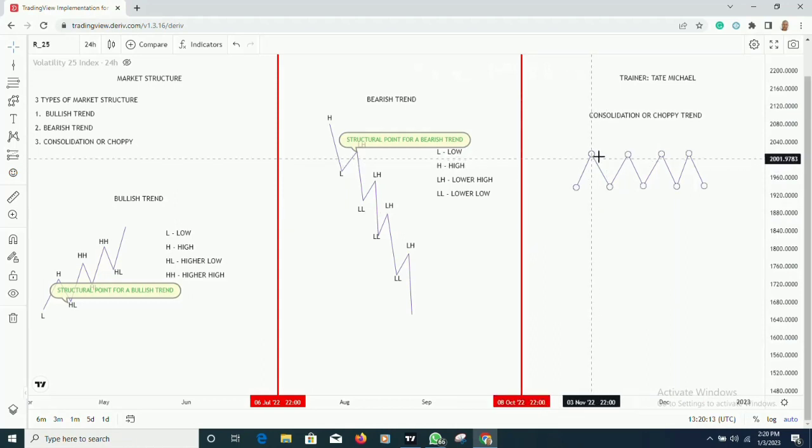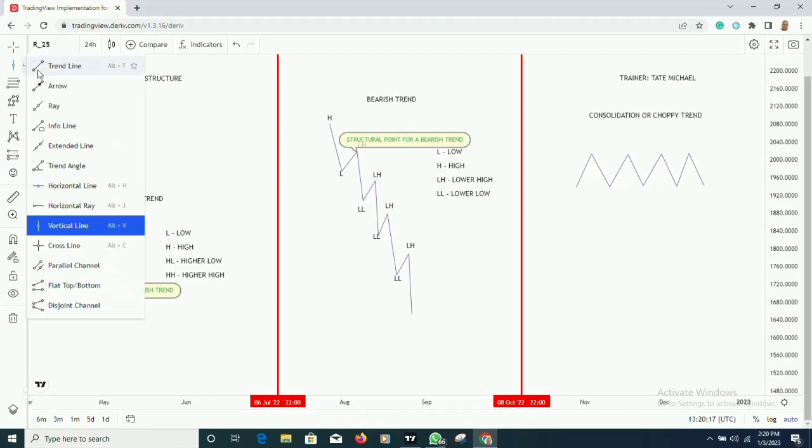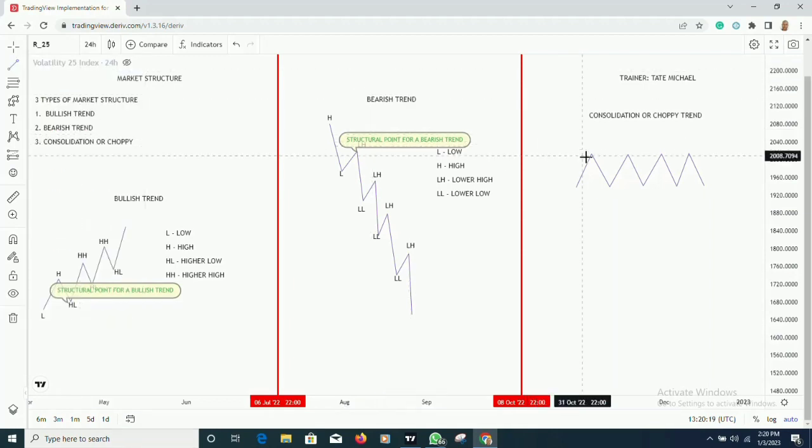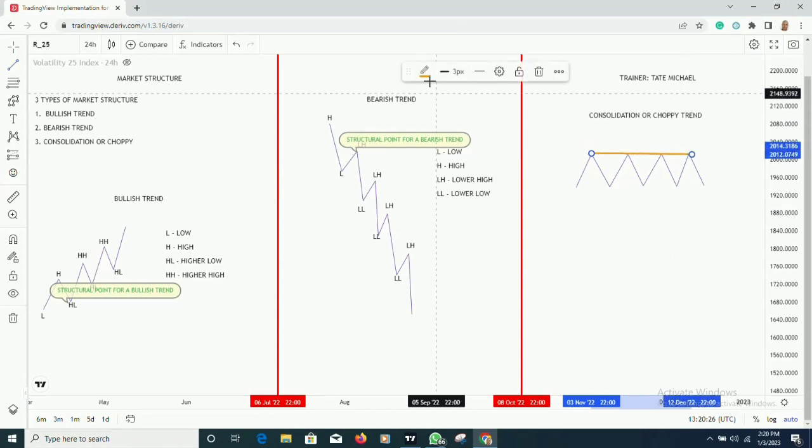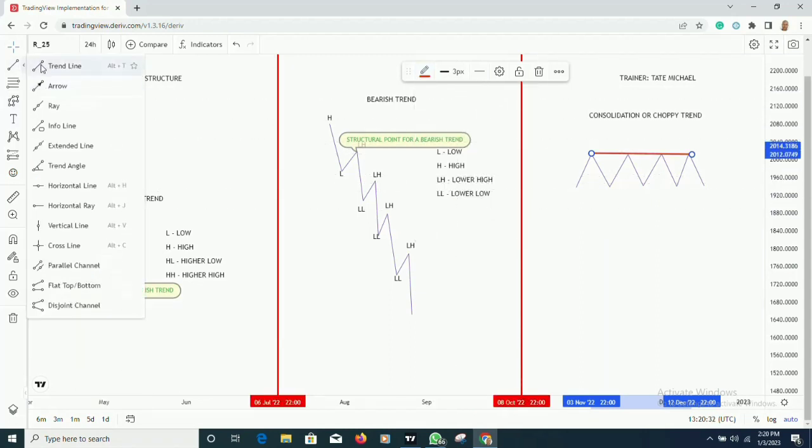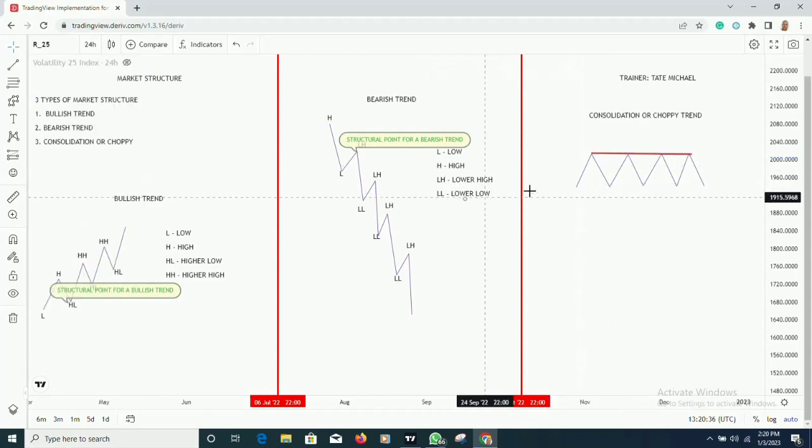For retail traders, they will say here is the resistance. Let me turn it to red. For retail traders, they will call that place resistance. They'll call here the support.